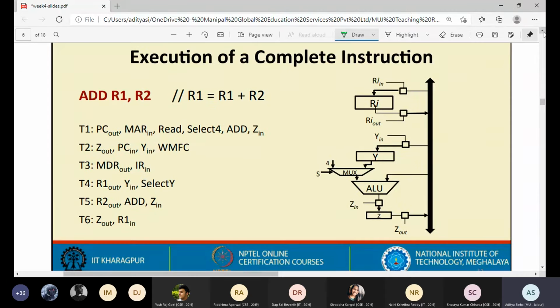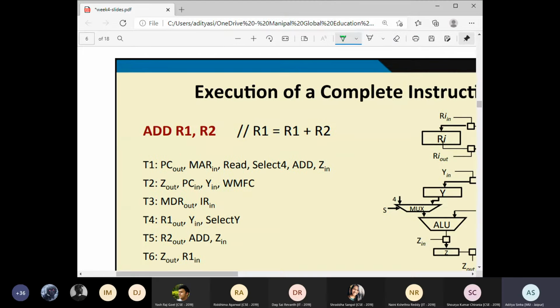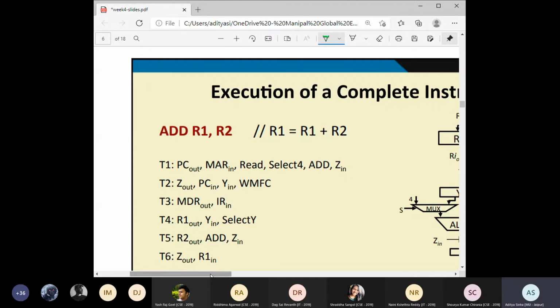Okay, so now we'll look at the whole operation: execution of one complete instruction. How does it look? I'll have this diagram in here. It will make more sense. Can you see the other screen also?